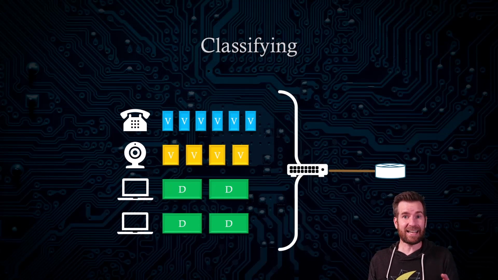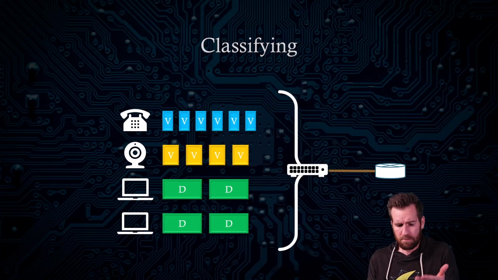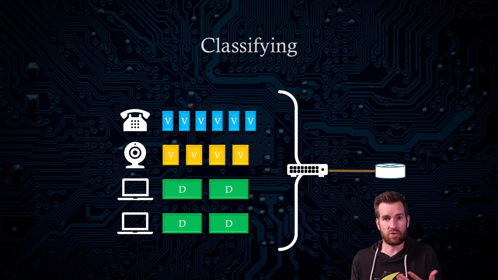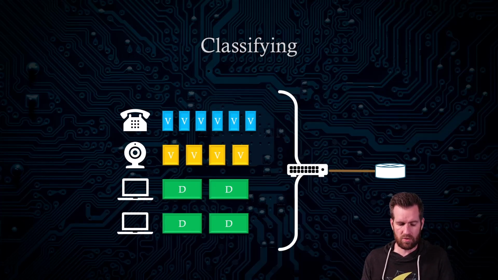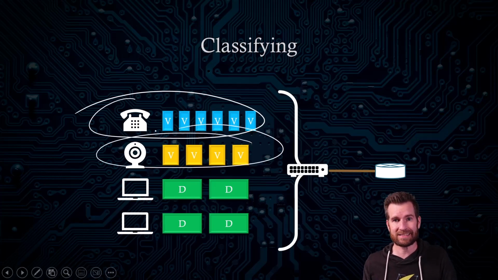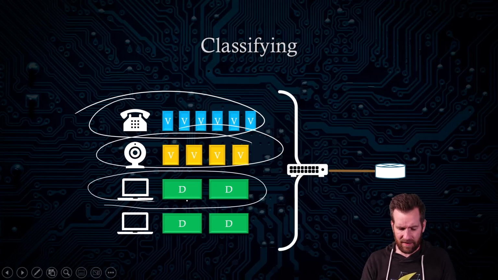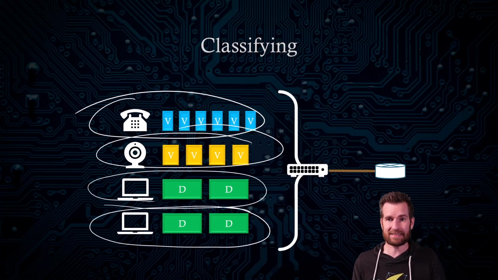We've already discussed in another video how certain traffic is really prone to problems if there are certain delays or certain jitter or certain bandwidth issues, phone voice being one of the more sensitive ones. Same thing with video. There's some data that is more sensitive and other data that is less sensitive.